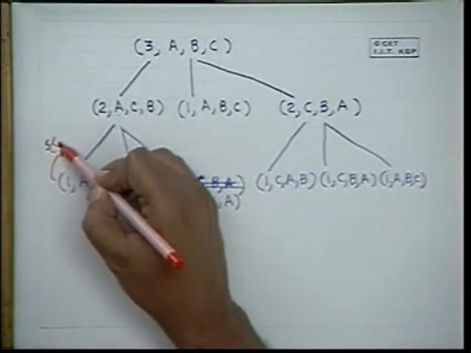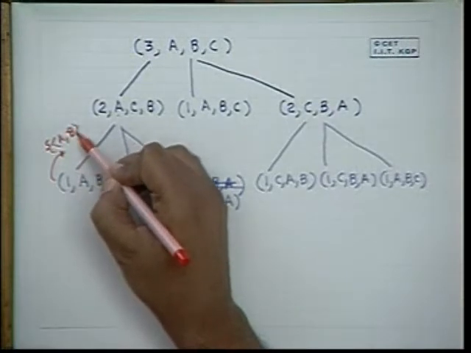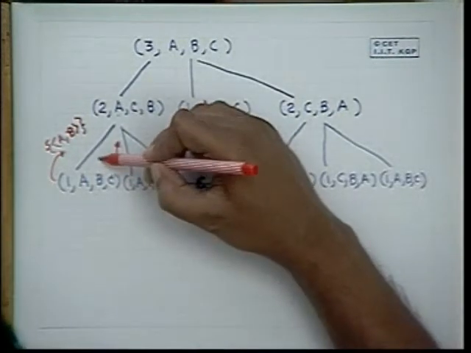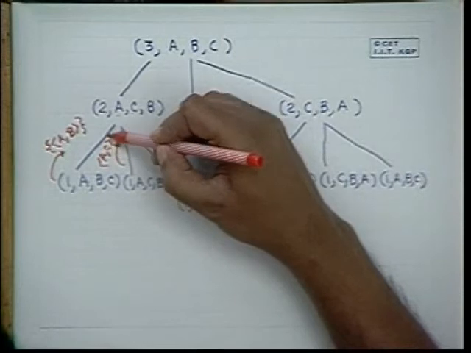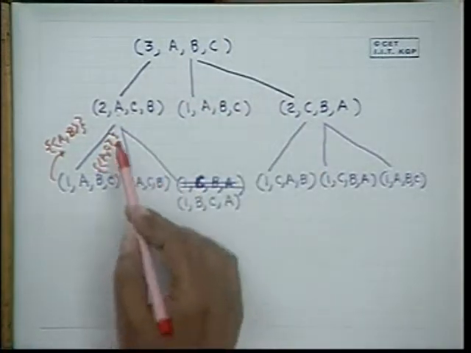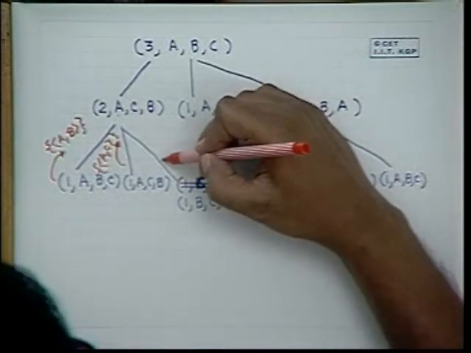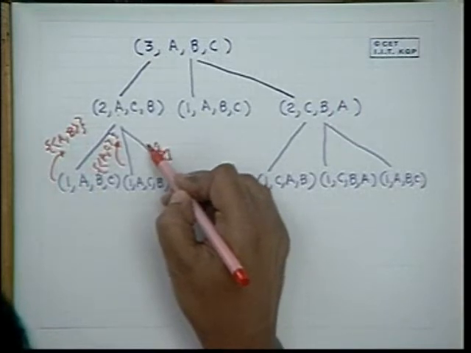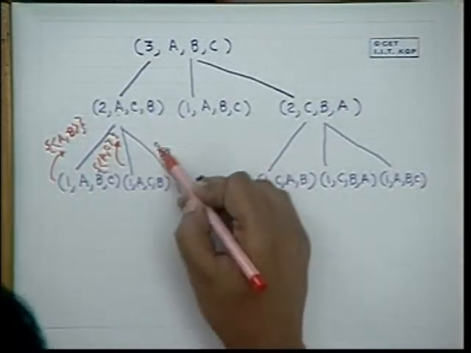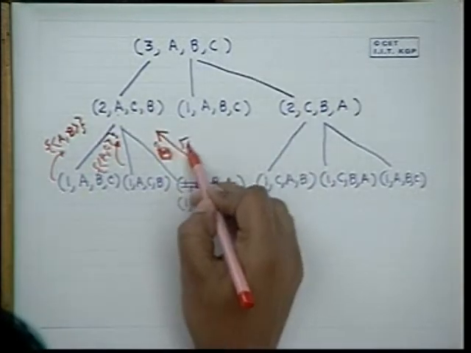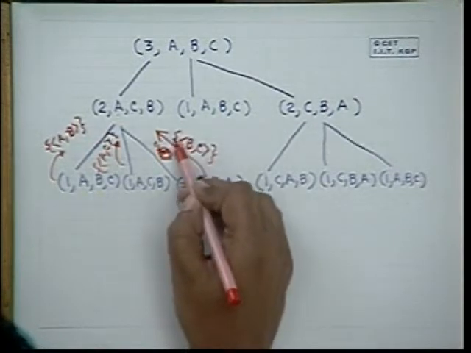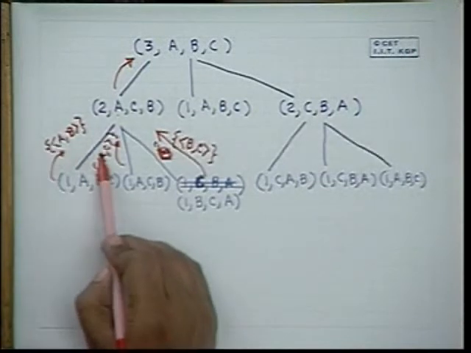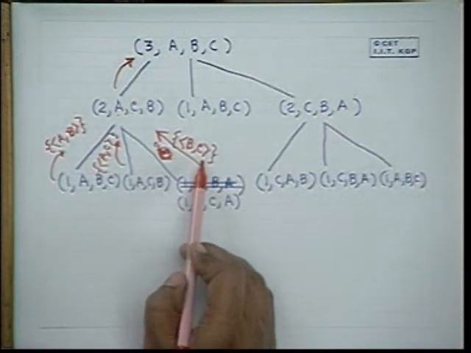This will return A B. This will return A C. This one will return, I don't know which way to write it anyway, A B C. This one, let's write it this way, B C. This one will now return this followed by this followed by this in this sequence.